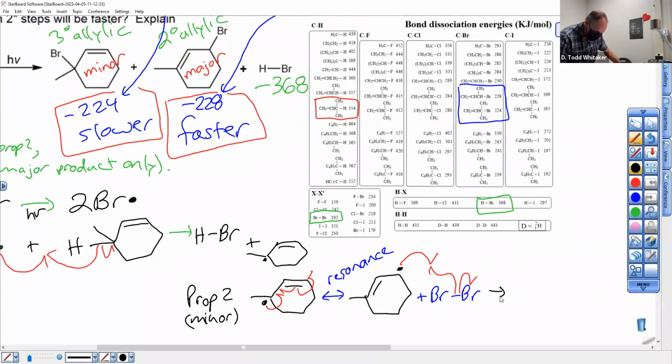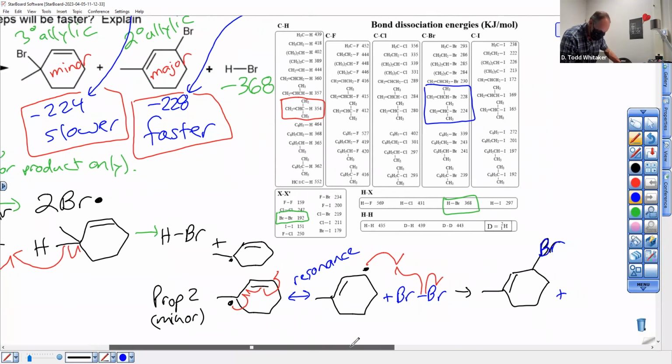You're going to get your desired major product. And what other species do you make? What other species is made with those hooks?